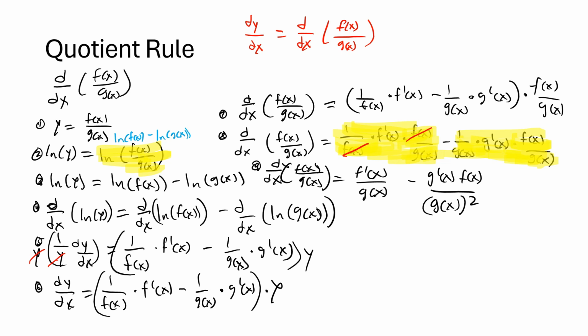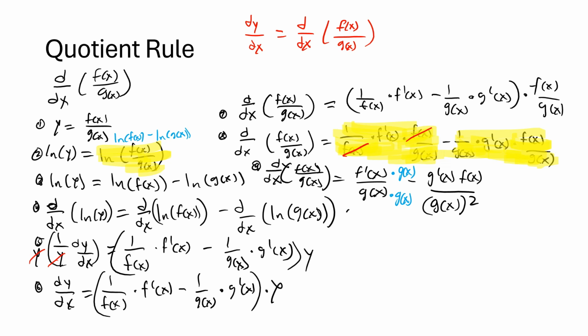So now once we are here, we want to get a common denominator. So in order to get a common denominator here, we're going to multiply this term here, the numerator and denominator, by g of x. So then we can get that common denominator of g of x squared.